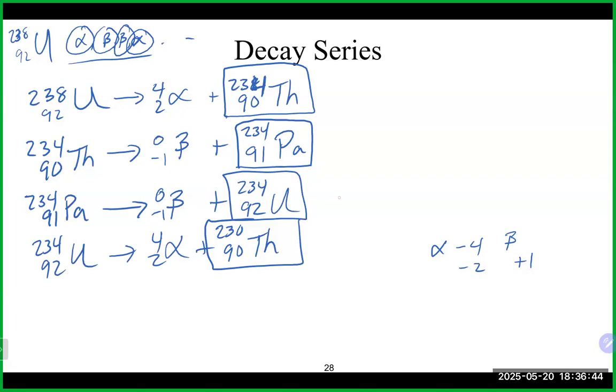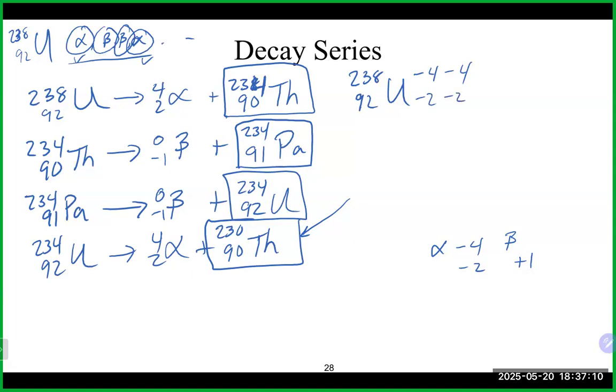Now, if you were maybe just interested in what you get at the end of the process here, since they're all alpha and beta, you could do this. You could go 238, your 92 uranium. And we have, in this case, 2 alpha decays, which means we're going to subtract 4 from our top one, and 2 and 2 from our bottom.